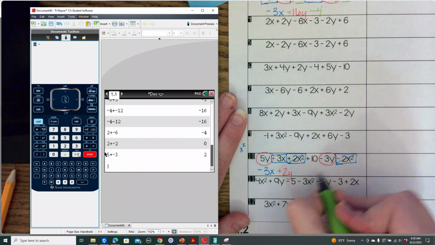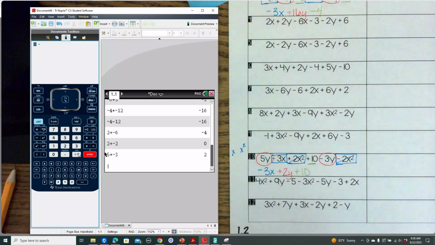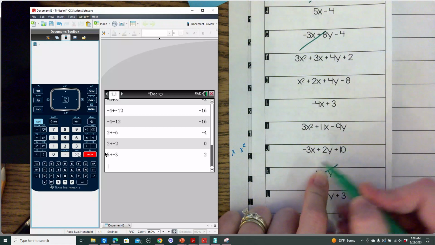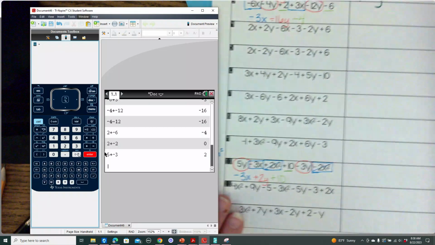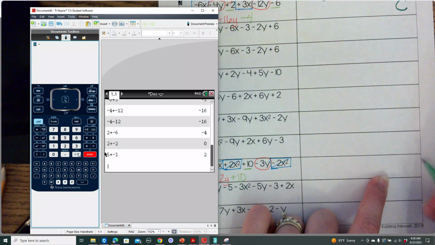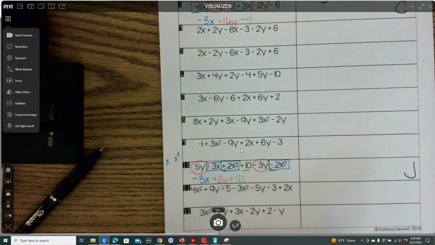And then I've got a single constant right here, plus 10. So negative 3x plus 2y plus 10 is J. So it'll be this one right here, sorry. J on number 10.